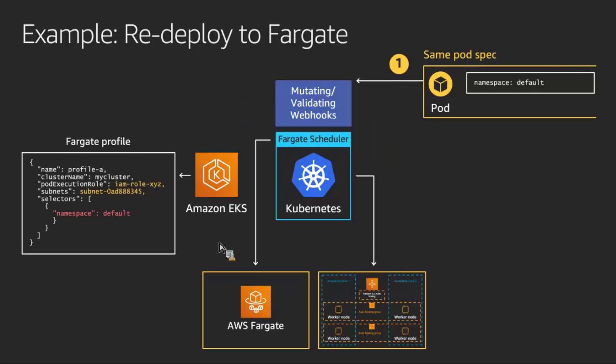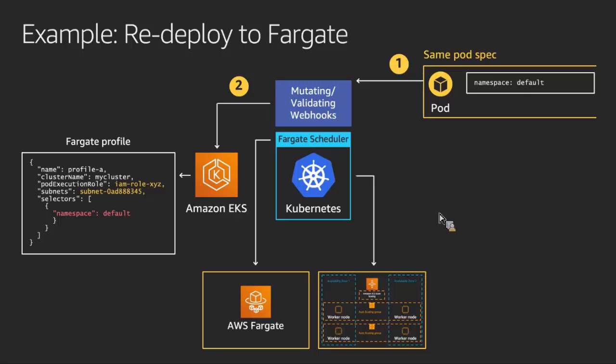Now imagine that in this very same situation, on the fly, you create a Fargate profile. And that Fargate profile says in the selector namespace equal default. In that case, if you try to redeploy the very same pod with the very same spec in the namespace default, what happens is that the webhook will still ask the EKS control plane if there is a match.